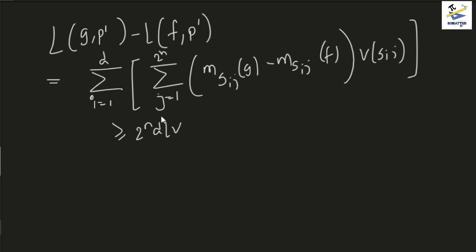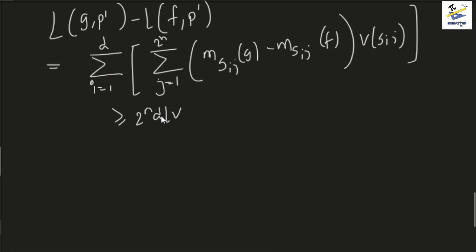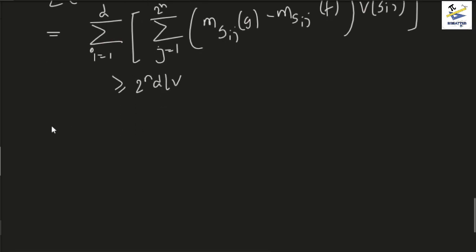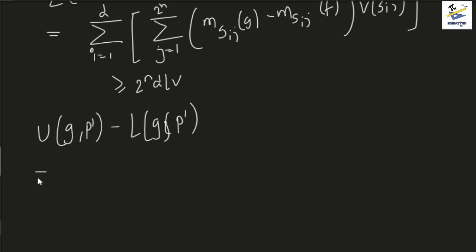So basically what we want to understand here is we wanted to find U of g minus L of g, right? So ultimately we can show that the upper sum of g with respect to p prime minus the lower sum of g with respect to p prime is equal to this, by definition, right?